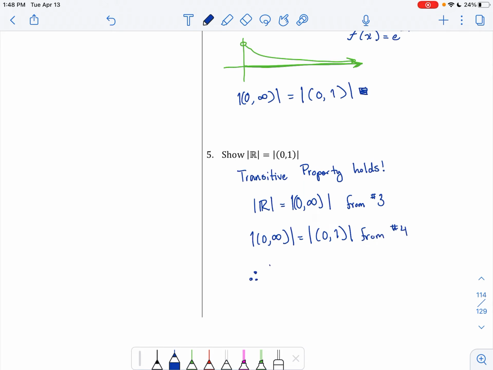Therefore, the cardinality of the real numbers, so all the real numbers together, is equal to the cardinality of the interval from just 0 to 1.